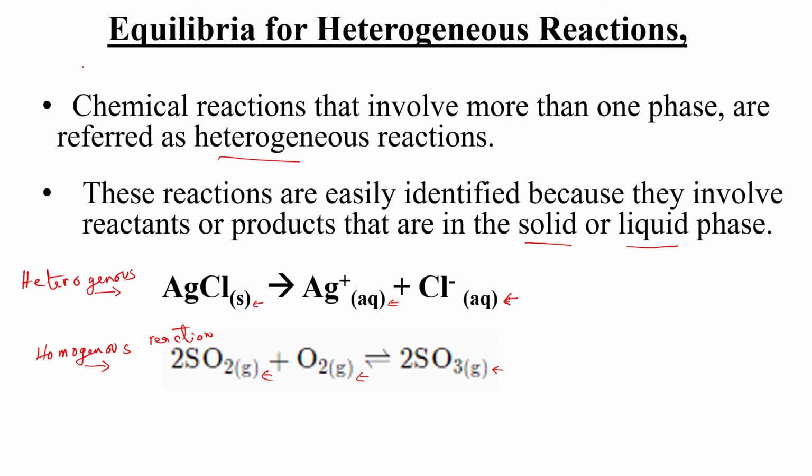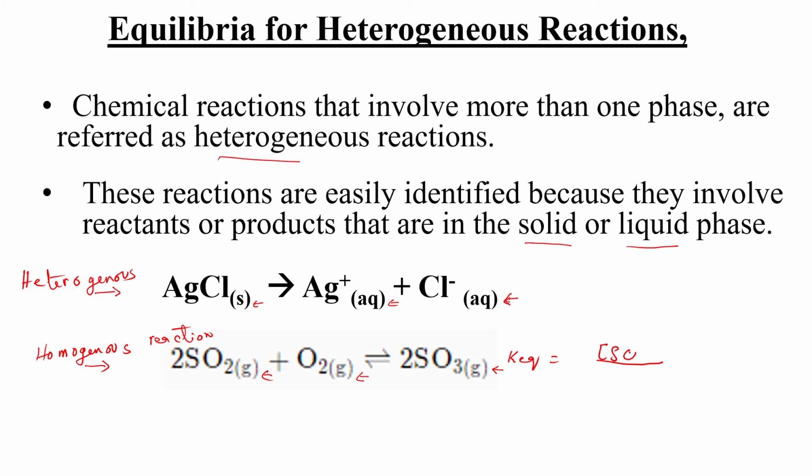So the equilibria that we learn in the next few slides will be for heterogeneous reactions. They will be different from the equilibria that we learned in the previous slides. The previous K equilibrium that we learned was for homogeneous reactions, so let's have a quick review of that. If I have to write the K equilibrium expression, it is going to be product over reactant.